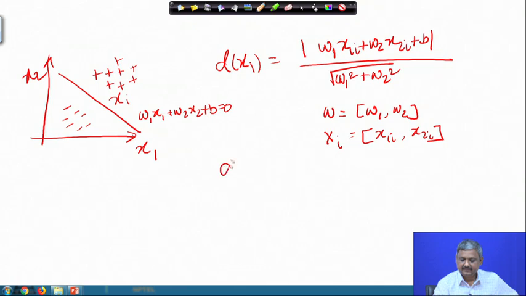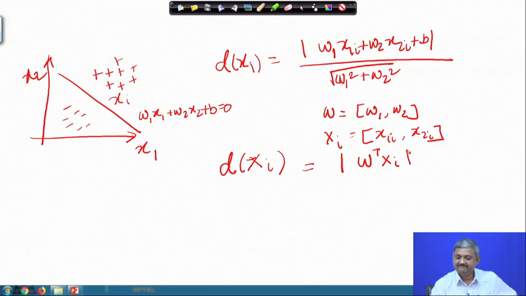Then I can write d(x_i) as the absolute value of W transpose x_i, the same form I had written earlier, divided by, note that this denominator is nothing but the magnitude of the W vector.